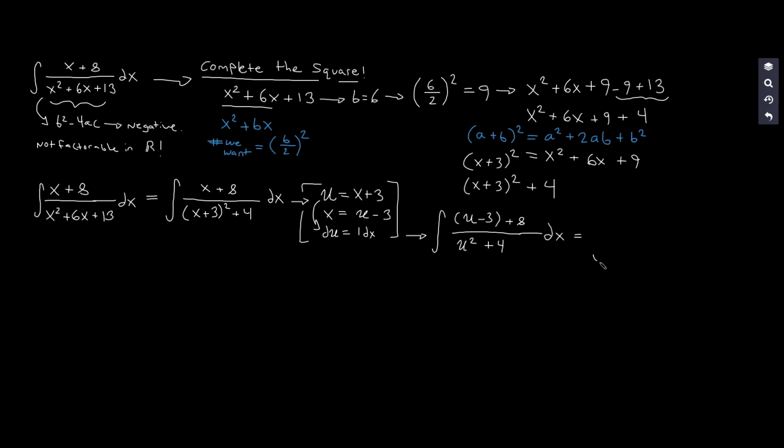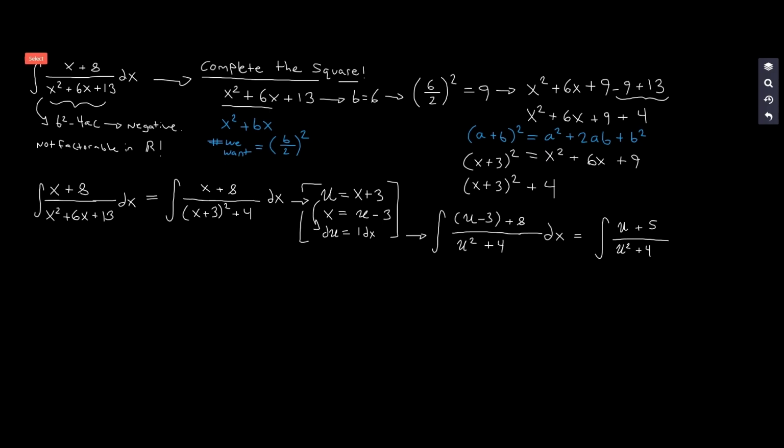And then let's just simplify this. If we remove those parentheses, that's going to be u plus 5, and in the denominator, it's going to be u squared plus 4.